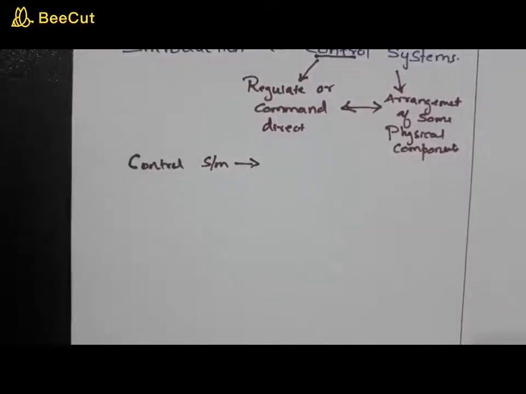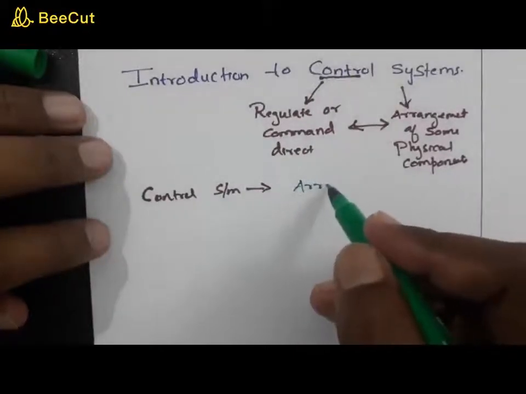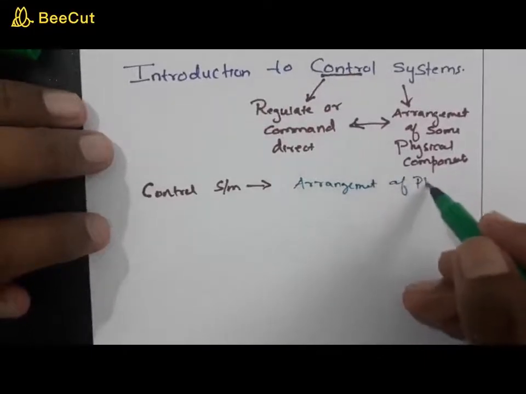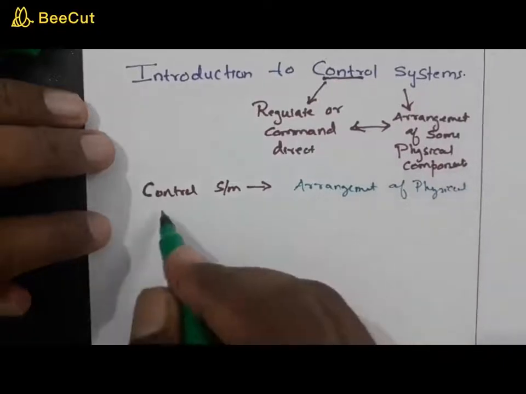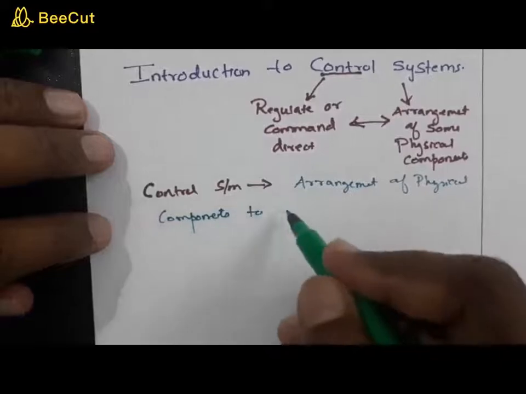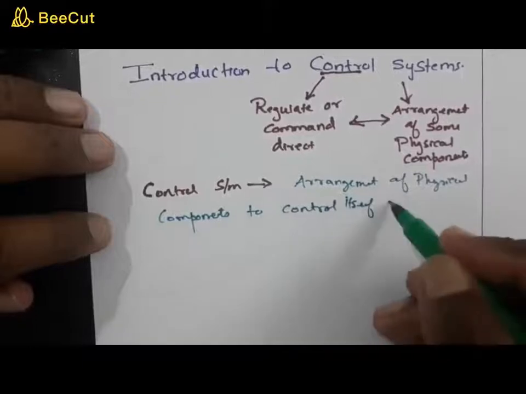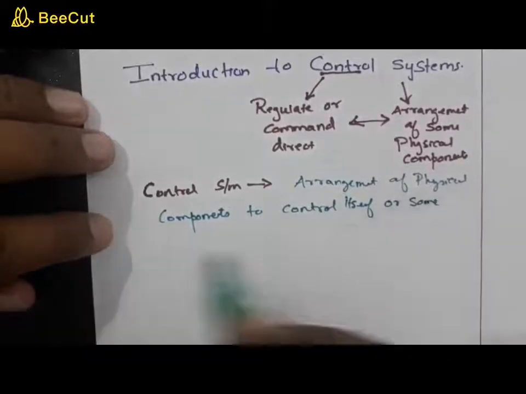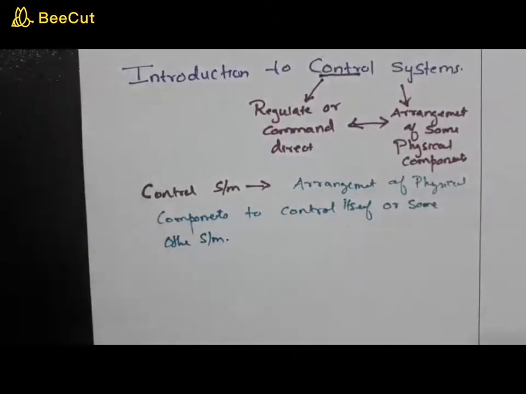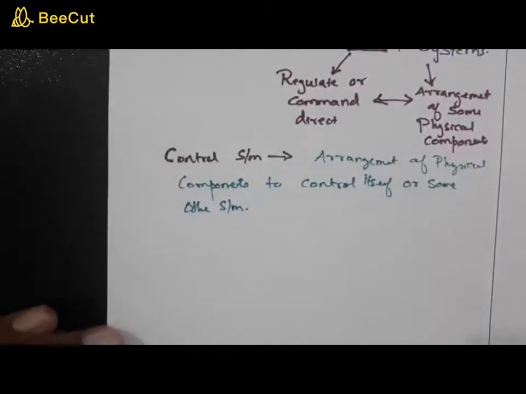You can define this control system as an arrangement of the physical components to control itself or some other system. So basically the meaning of this is the system is meant to control. That's why the name control system.